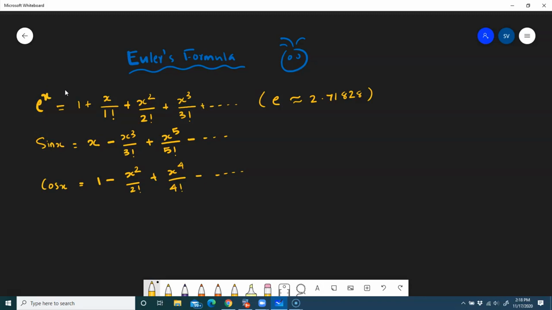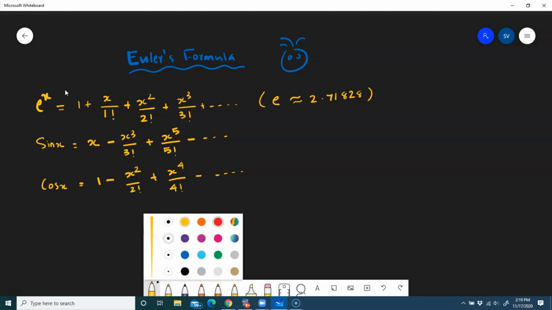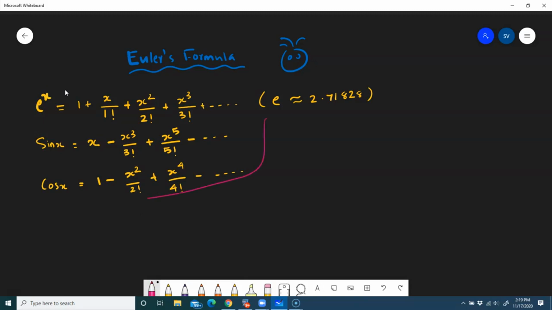So we can proceed. Our objective is to prove Euler's formula. So first we need to write Euler's formula. These are the components we need for our proof.